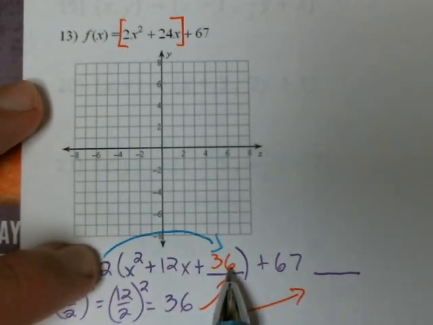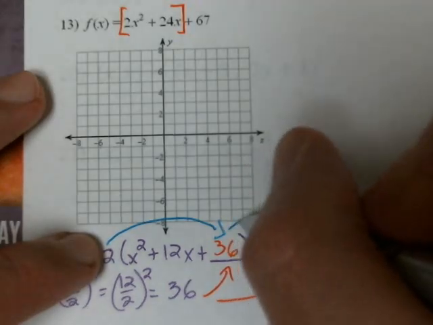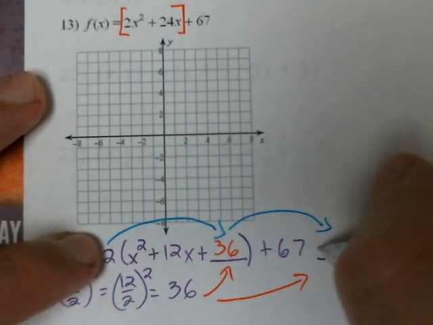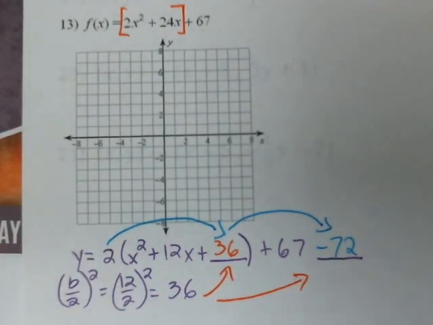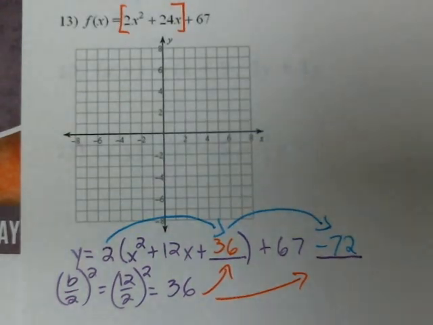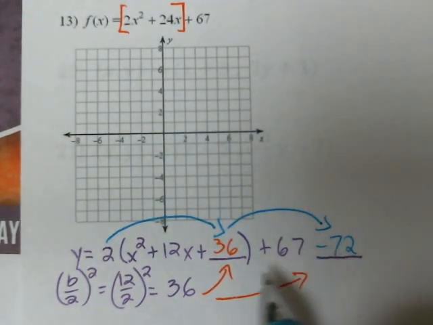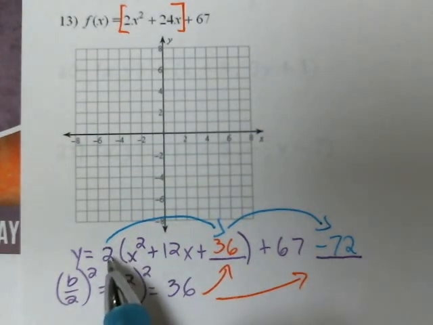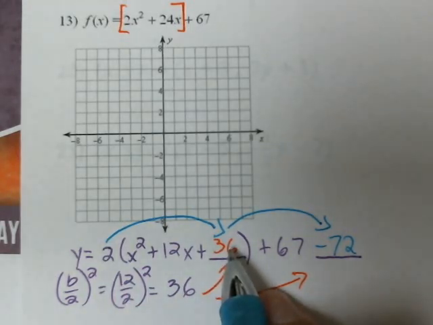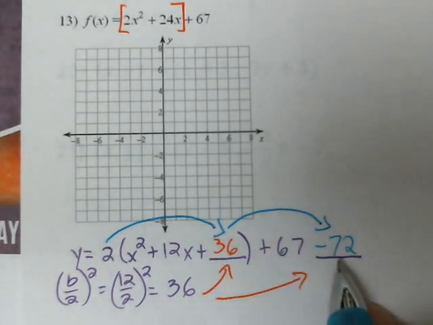That's 72 bricks, so I have to offset that with a negative 72. Okay, take a deep breath. Let me say that one more time to be clear. I pulled out a 2, so you've got to redistribute the 2 times 36. That's 72 that came out of thin air, and I have to offset that with a negative 72.